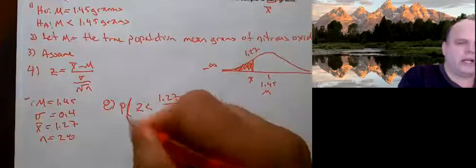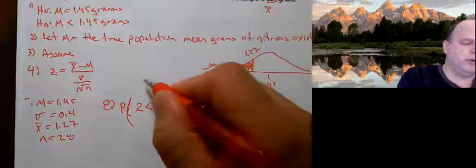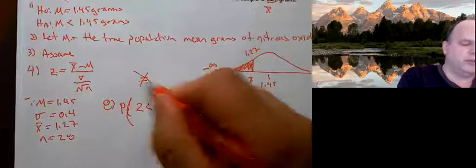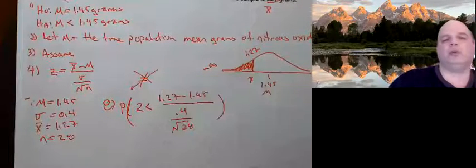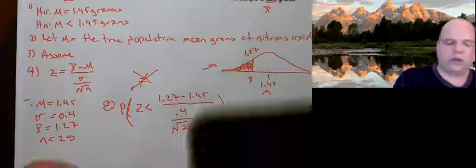Now, some of you are going, hey, you didn't multiply by 2 this time. Only multiply by 2 if it's a not equal. And since this time we don't have a not equal situation, we don't have to put the times 2 in there.